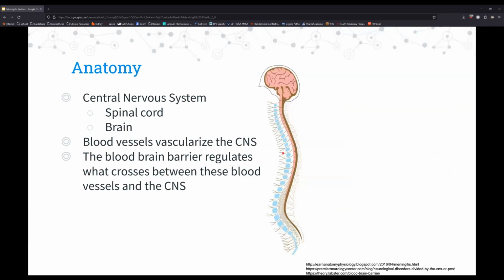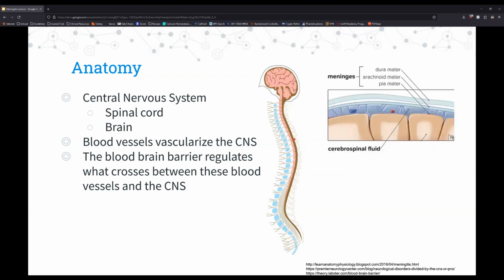So again, our anatomy of our central nervous system includes the brain and then the spinal cord. And encapsulating all this again is the meninges. And why is that important? Our meninges is broken down into three different layers. This includes the dura mater, the arachnoid mater, and the pia mater. And all of that is going to protect our precious cerebrospinal fluid and then the central nervous system under that.